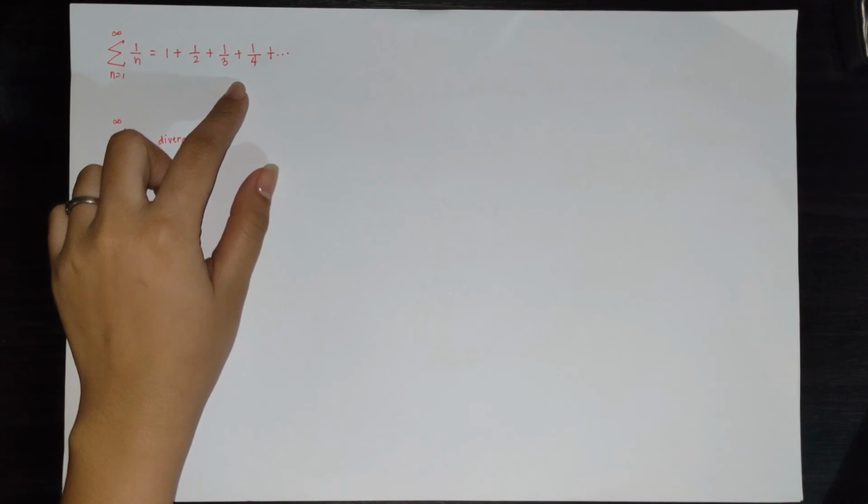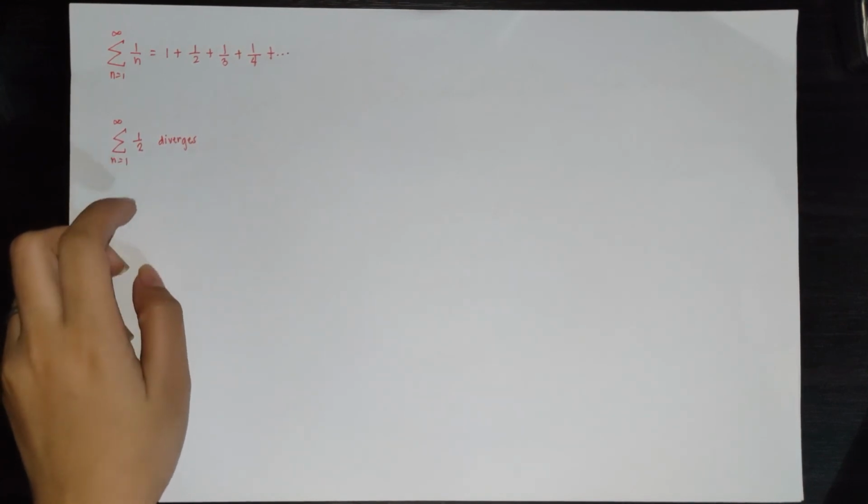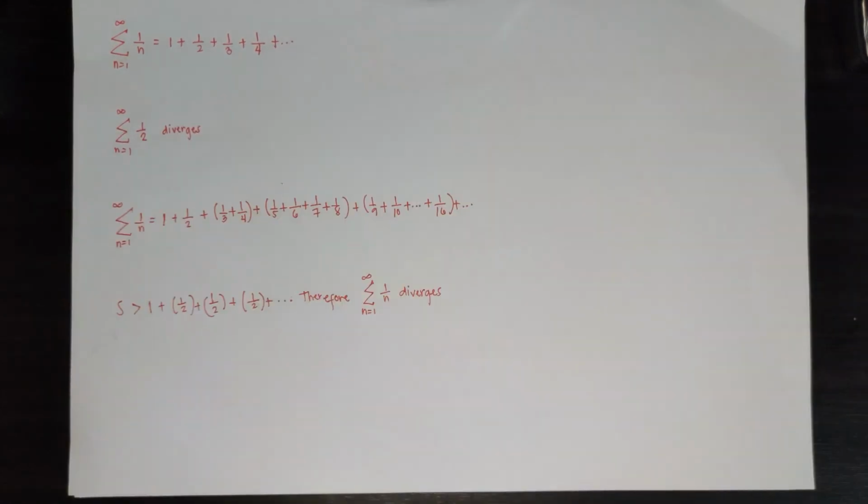And this series diverges even though the terms do approach 0. And we can show this as long as we recognize that the summation from n equals 1 to infinity of 1 half diverges. Since we're adding more and more 1 halves together, the sum would approach positive infinity.